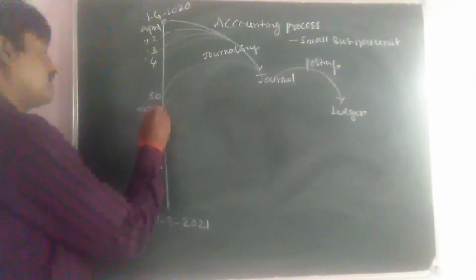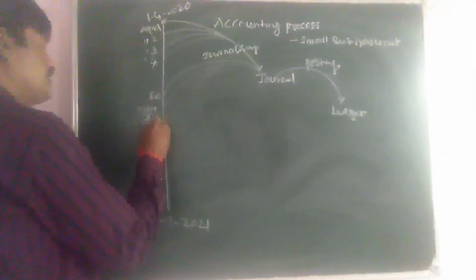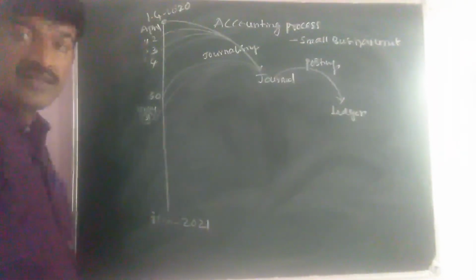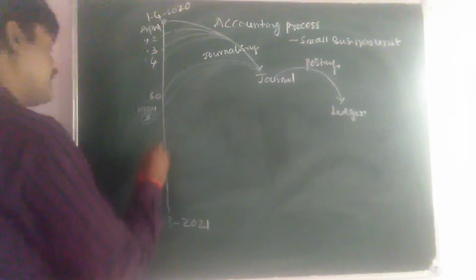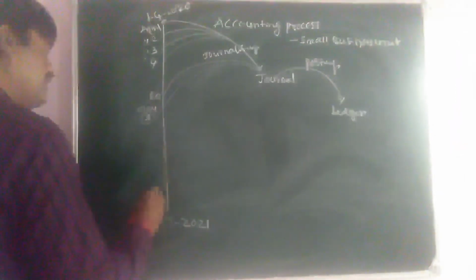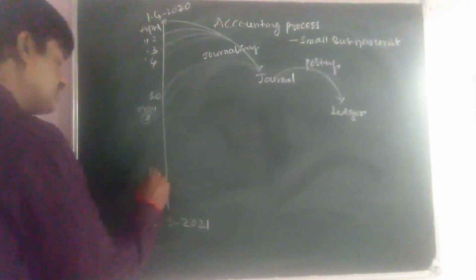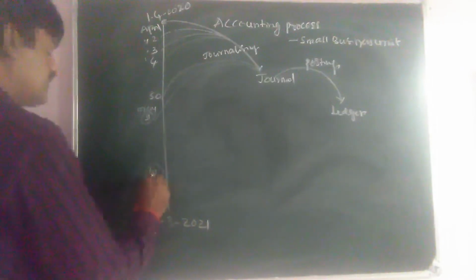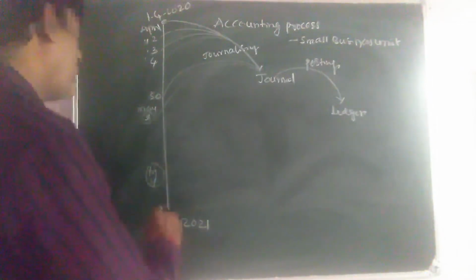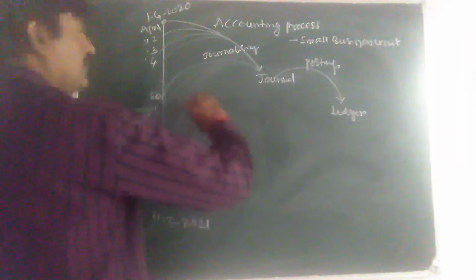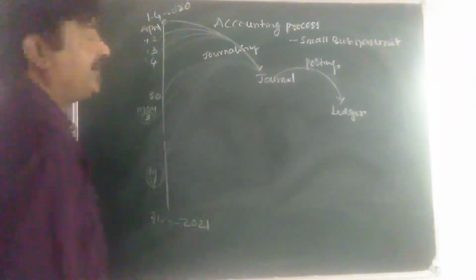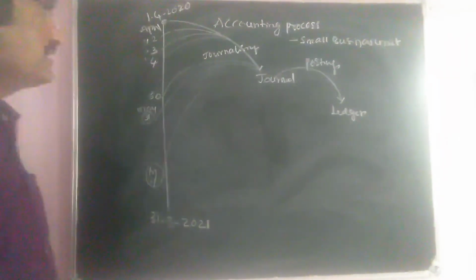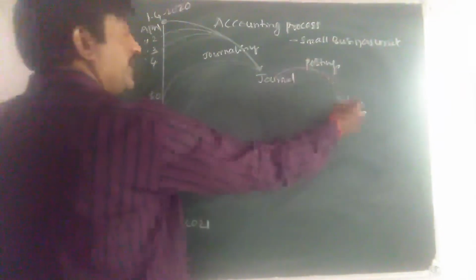Like this, after May, June, July, August, September, October, November, December, January, February, March. In March, 31 days are there. The March total transactions are also recorded in the journal and shifted to ledger.